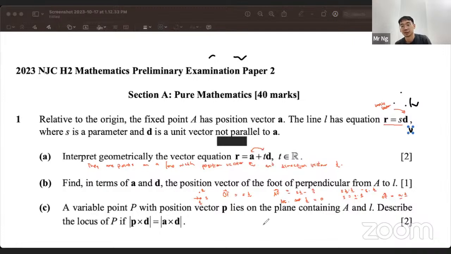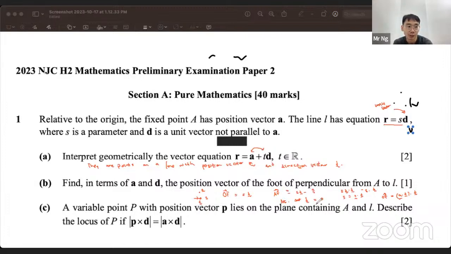Okay, so scalar projection times D, because D is a unit vector, represents the vector projection of OA onto D. Then OF is the scalar projection times D. So actually the previous part is pretty redundant now.